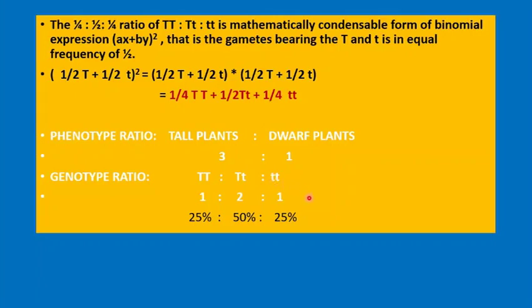So if there is a dwarf plant, the condition is very, very important. The dwarf plants will be produced only if both the alleles are small t and small t, but no other condition. In all the other homozygous or heterozygous conditions, only the tall plants are produced.